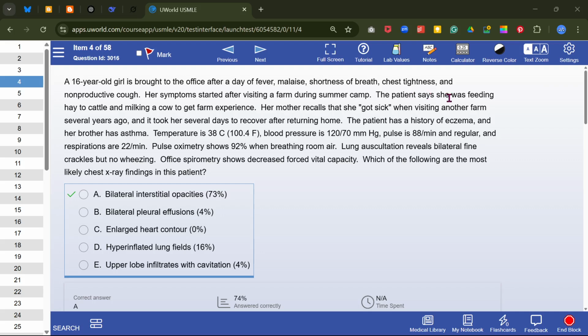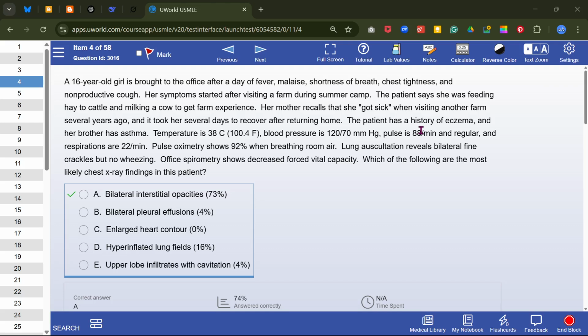The patient says she was feeding hay to the cattle and milking a cow to get farm experience. Her mother recalls that she got sick when visiting another farm several years ago. It took her several days to recover after returning home.